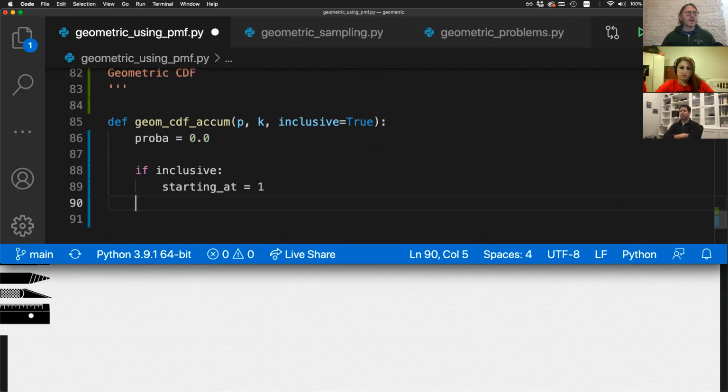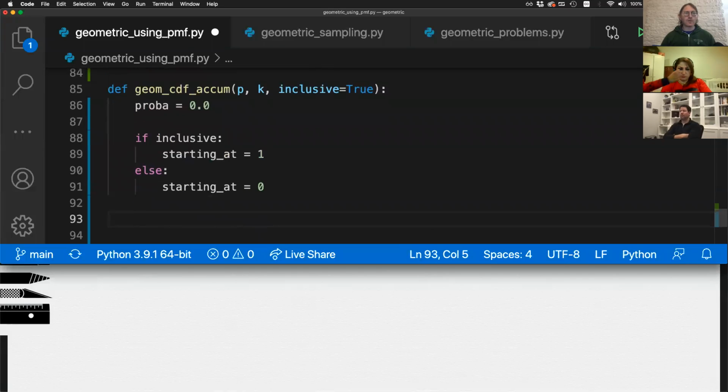And otherwise, we're going to start counting at 0. So notice if we're being exclusive, we can have 0 failures. If we're being inclusive, we can have 1 failure. And that's how we want to think about starting this off.